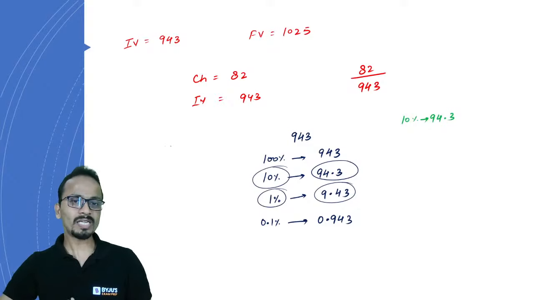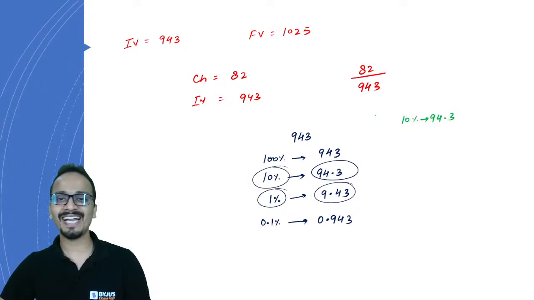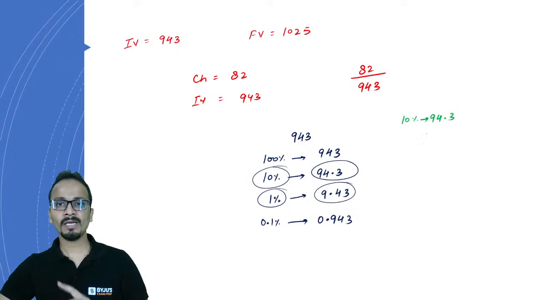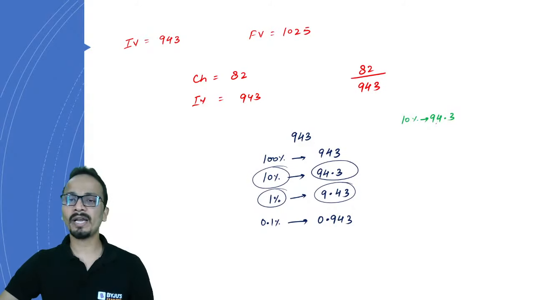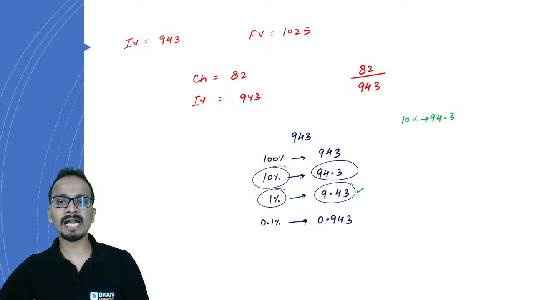Now, but what can be done if the options are 7%, 8%, 9%, and 10%? Let's say these are the options. Okay, so I've got 10%. Now I have reached 94.3 and I require 82. So what I can do is, can I subtract 1%?